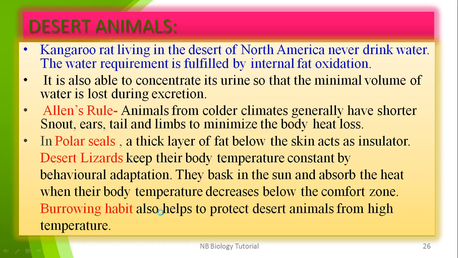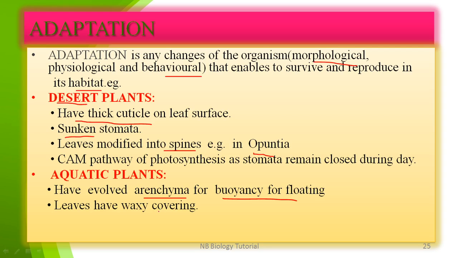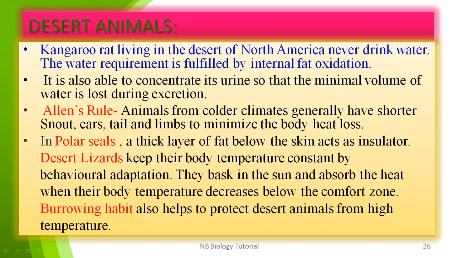Next, we see the desert animal. The desert animals include the kangaroo rat. This kangaroo rat, living in the deserts of North America, never drinks water. This is a very important fact in case of the kangaroo rat.